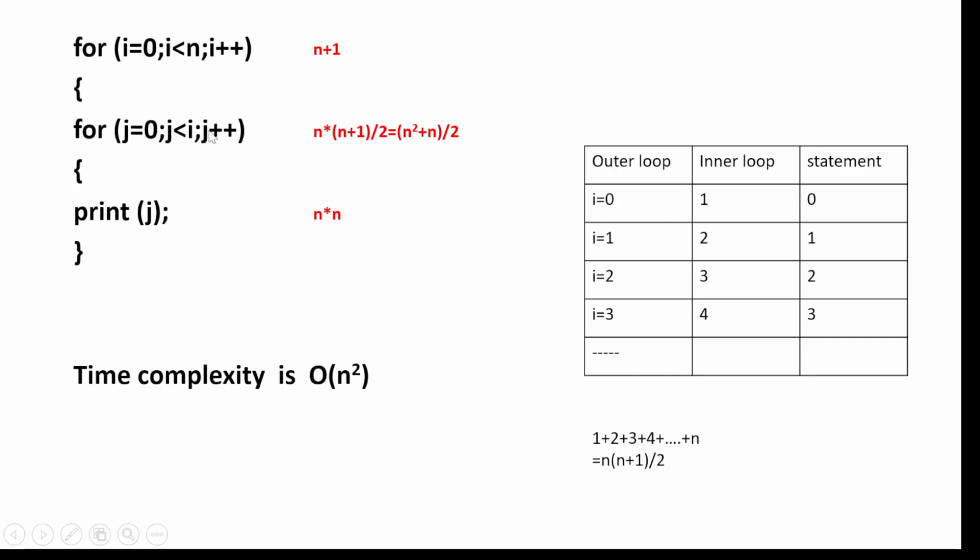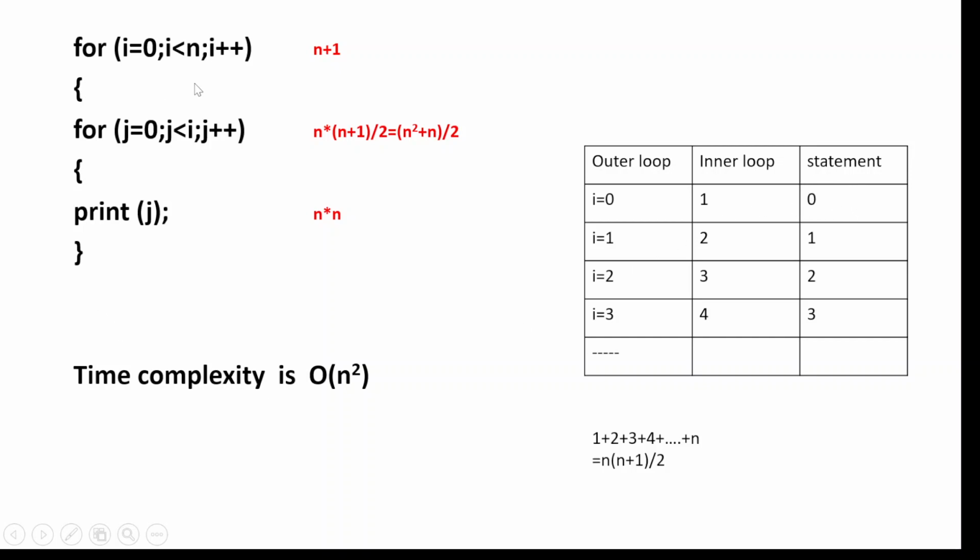Since j, 0, is not less than 0, the print statement will not get executed. That is mentioned here: for outer loop i equal to 0, the inner for loop will get executed once. The execution is for the checking of the condition. The condition fails, so the print statement is executed 0 times.